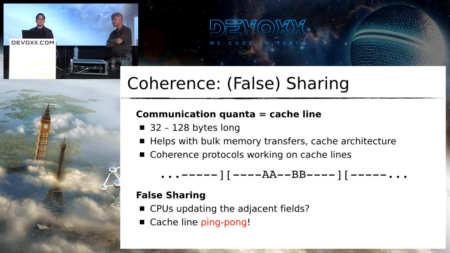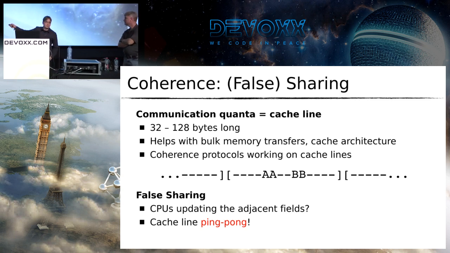So it really helps the memory transfers, because if you are reading the memory sequentially, you are pre-reading all these cache lines in bulk. And this is really helpful for the performance of memory subsystems. But imagine you have, and this is not to scale, a cache line, and you have two fields lying on this cache line. And those are not really shared.